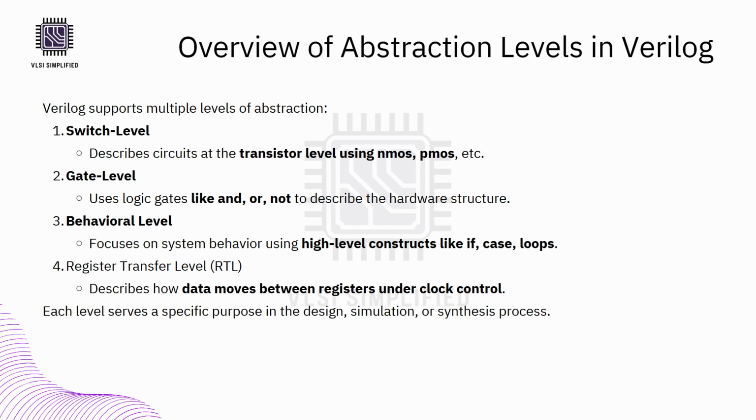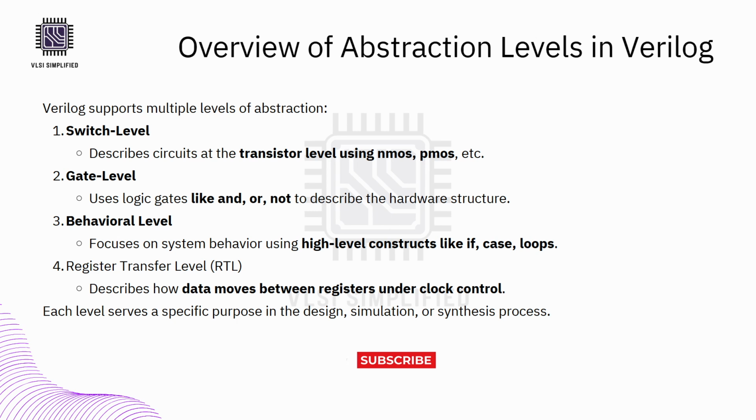Next is the behavioral level, where you are focused on what the system should do using constructs like if, case, for and so on. It's great for modeling logic quickly and clearly. And finally, the most important one, RTL or register transfer level.